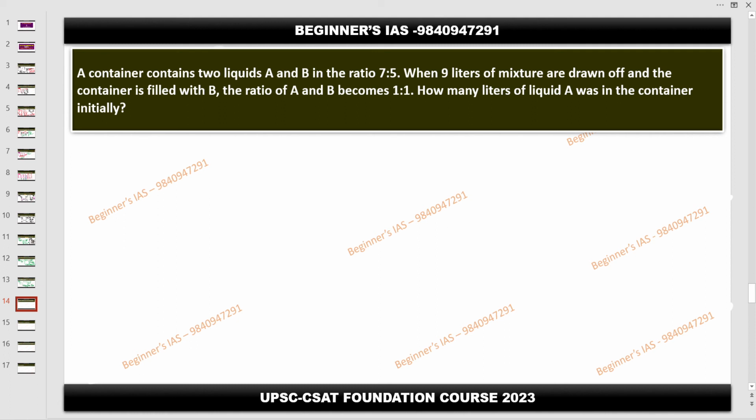The first model we have done, that method you apply. Find the difference between the units. That difference is nothing but the drawn quantity. Clear what I am suggesting?